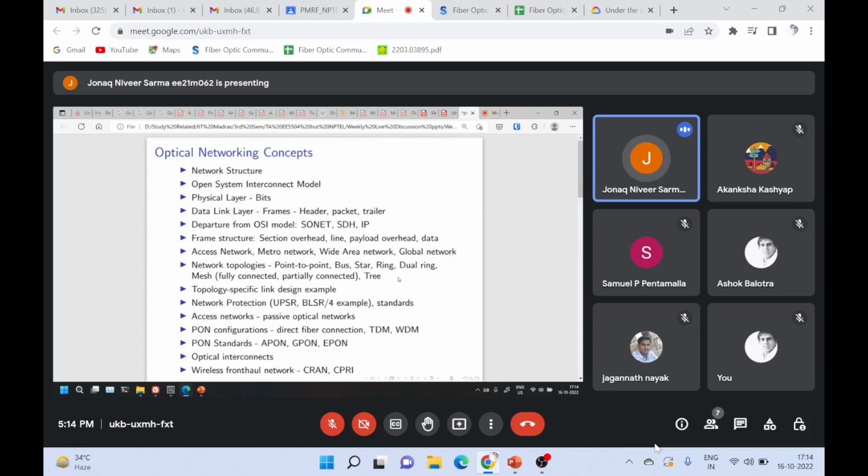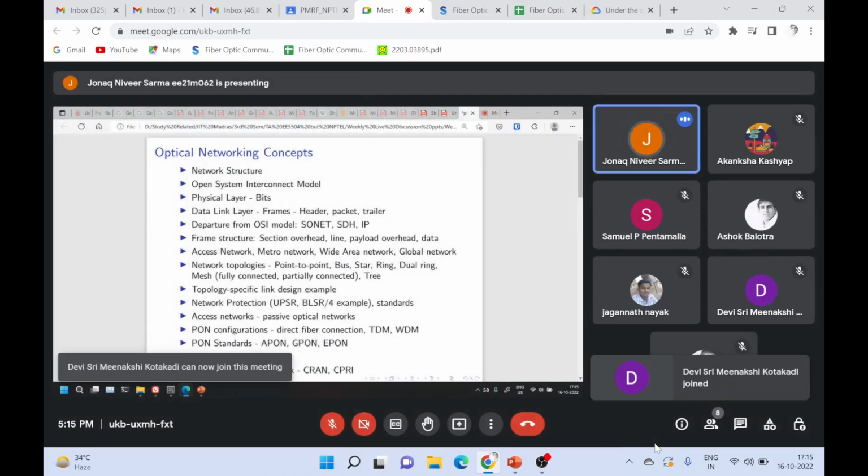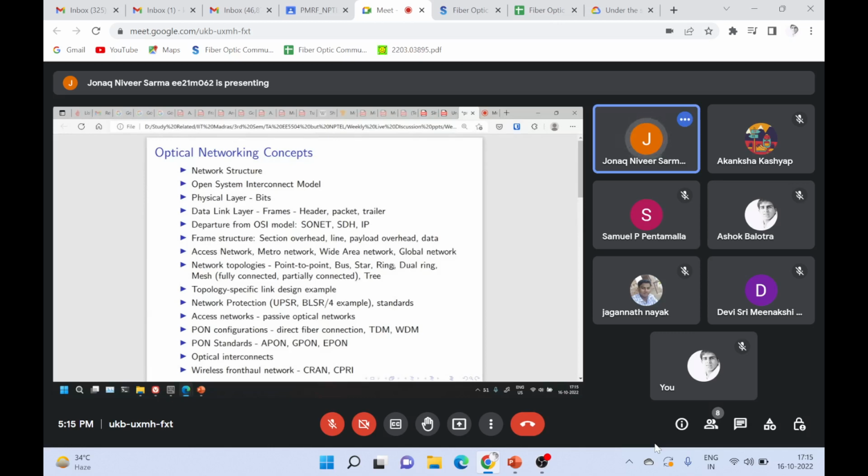Then we discussed the different kinds of networks, like the access network, which is basically servicing the end users, then interconnection between metros, which is the metro network, then wide area network, and we touched on the global network. Then we discussed the different network topologies one by one: point to point, bus connection, star connection, ring, then dual ring.